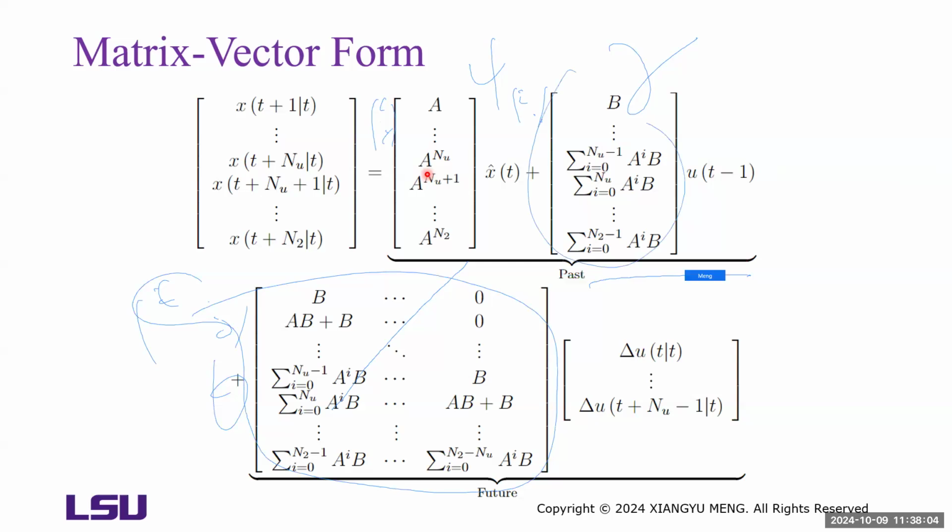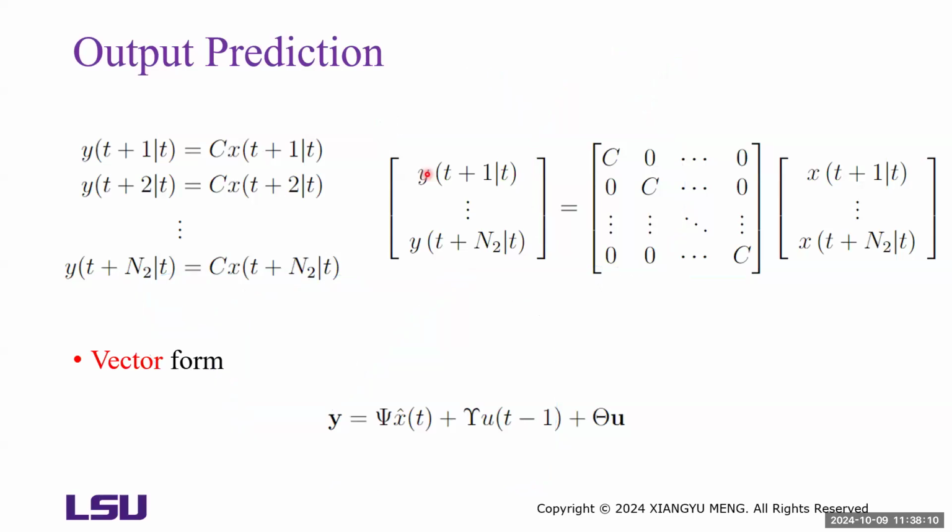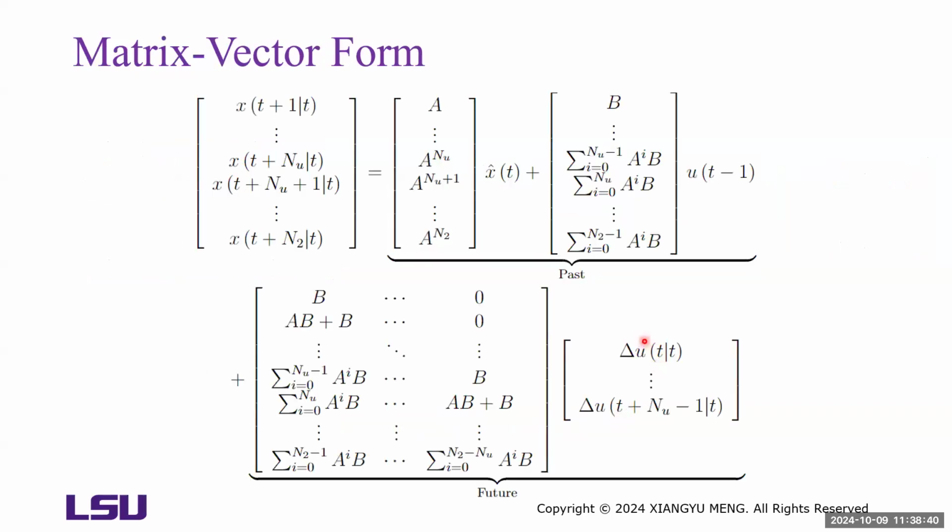So phi, gamma, and theta. Therefore, the predicted output in vector form can be written as phi times the predicted state at the current time, plus gamma times the last control input, plus theta times u. Here u is the change of control input, delta ut through delta ut plus nu minus 1.